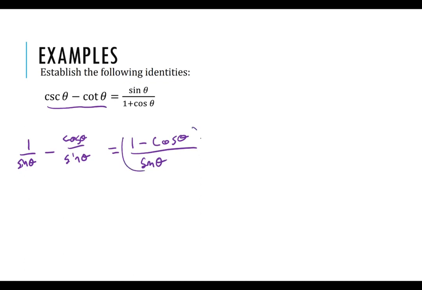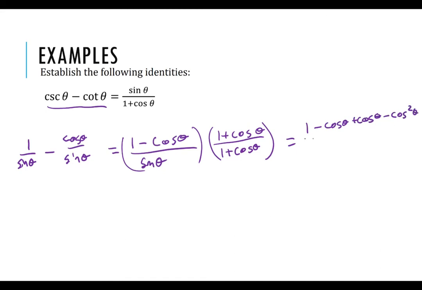Multiply top and bottom by that conjugate, 1 plus cosine theta over 1 plus cosine theta. Then let's see where we get. This is going to be 1 minus cosine theta plus cosine theta minus cosine squared of theta, all divided by, and I'm not going to multiply it out because I think I see what's happening, sine of theta times 1 plus cosine of theta.